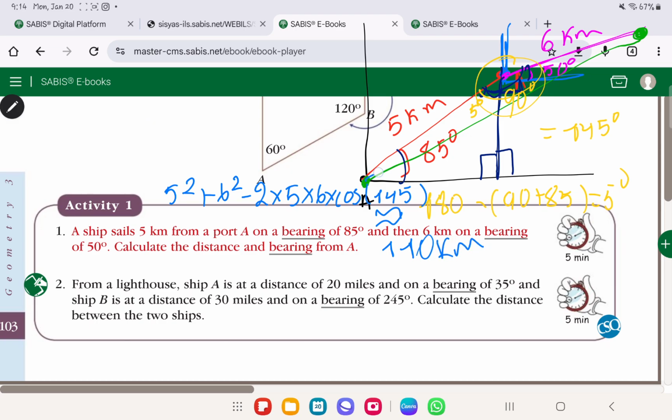But this is the value of this squared. So to find the actual value, we take the square root of our answer to get an approximate answer of 10.5. So from here to here, it is an approximate distance of 10.5 kilometers.